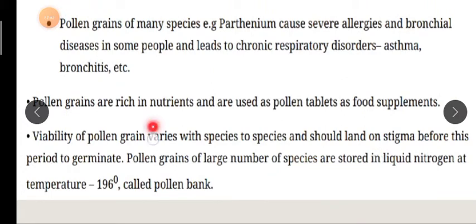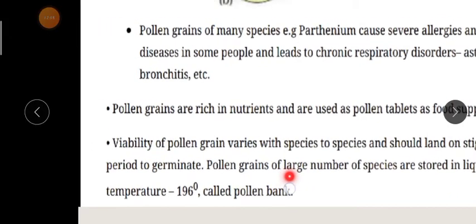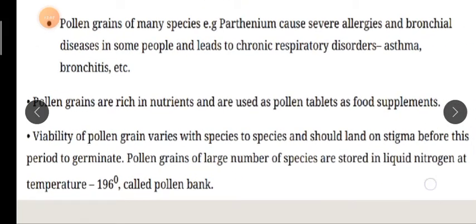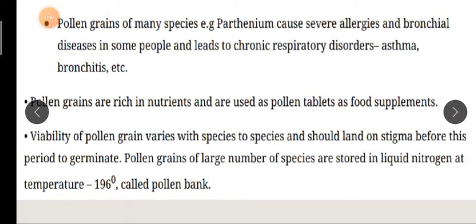And this pollen grain, since it is a gamete, must go and land on the female part of the flower in order to germinate, in order to cause sexual reproduction in that flower. These pollen grains are very large in number in a species, and they are stored in liquid nitrogen at a temperature of minus 196 degrees Celsius, and this is called a pollen bank.